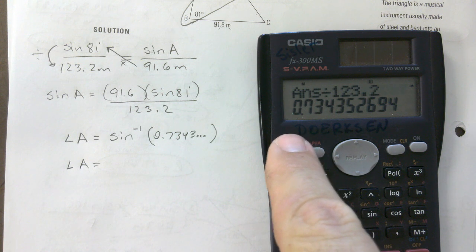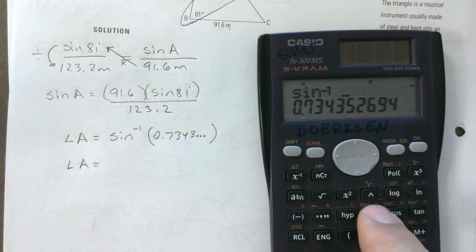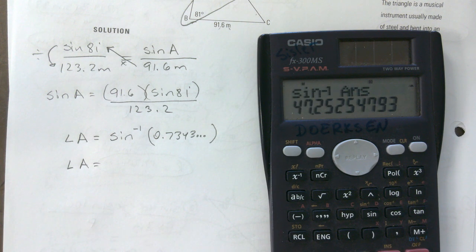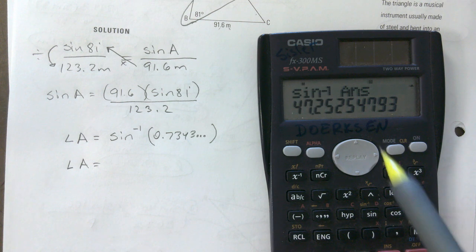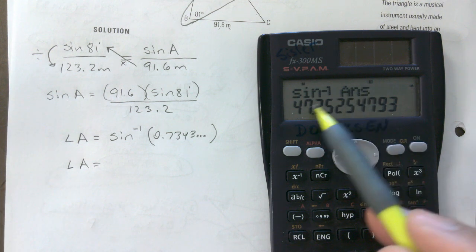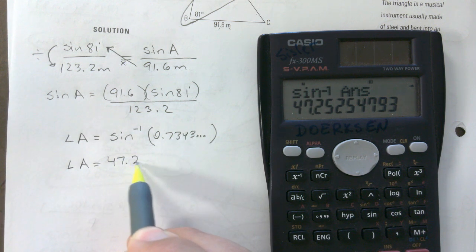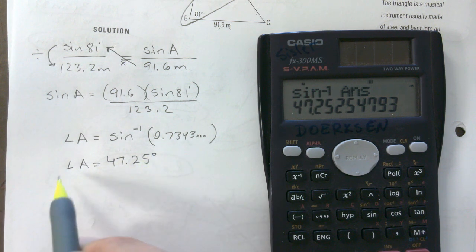So I'm going to go shift, sine, and just hit equals. Most calculators will take the answer on your screen and find the inverse of that answer. So it's 47.25 degrees.